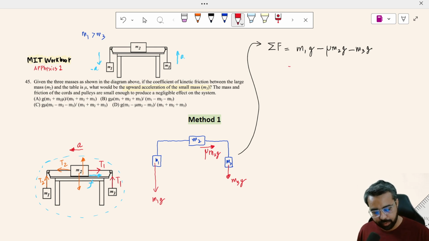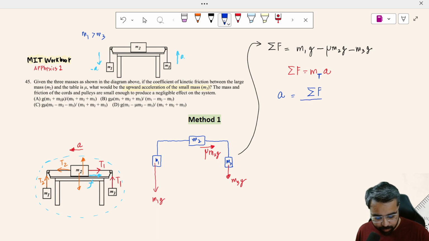So students, if you have to find the acceleration in the system, which is the same for all of them, like right now we are applying it for m3, so acceleration will be equal to the resultant force, the net force, divided by the sum of all masses, m1 plus m2 plus m3.